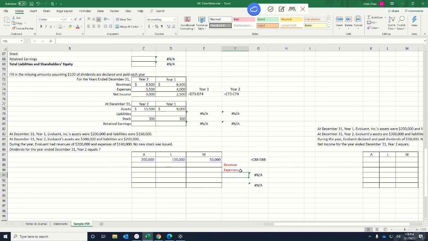Then we can see what dividends changed, and what stock changed, and then we will know the retained earnings for the new year.